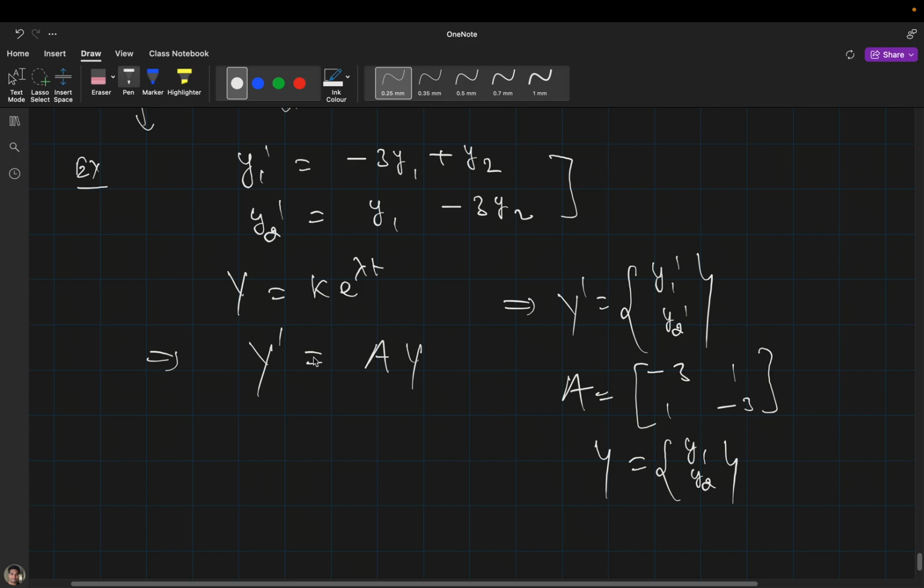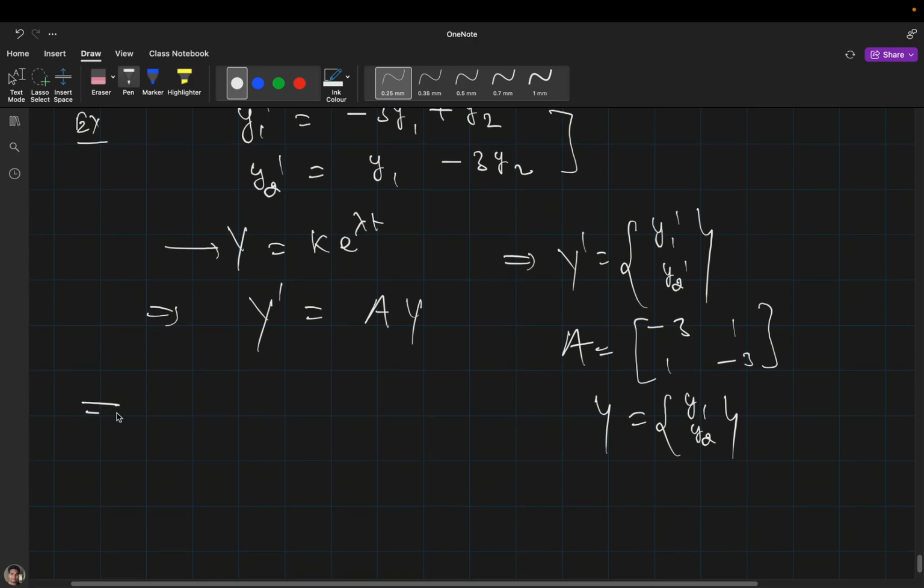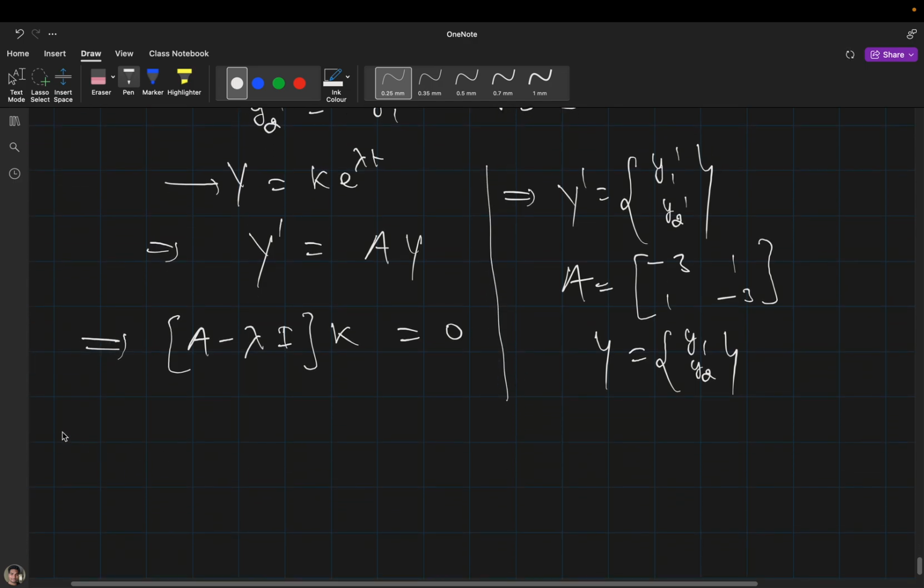On the basis of that I can write this. Now find the derivative of this and substitute here. After solving you will get A minus lambda I times k equal to 0. Again this is the eigenvalue problem.